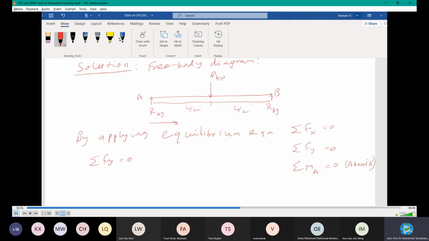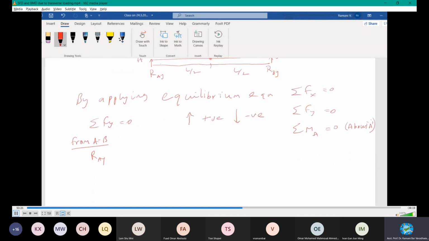In this case, all the loading is in the Y direction. We are solving for all Y direction. Take all Y direction forces from A to B. I write down from A to B. Better you write down, otherwise you will not know where I'm going. So sigma Fy from A to B. Start from A, which is RAY, and follow the sign convention, which is positive upward, and downward is negative for shear force.